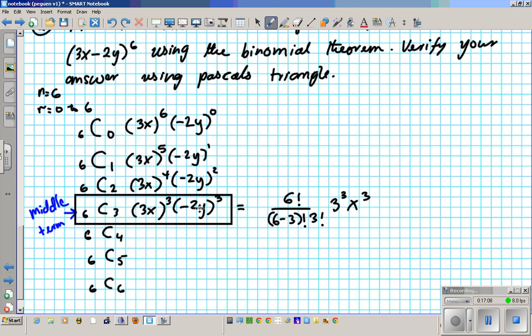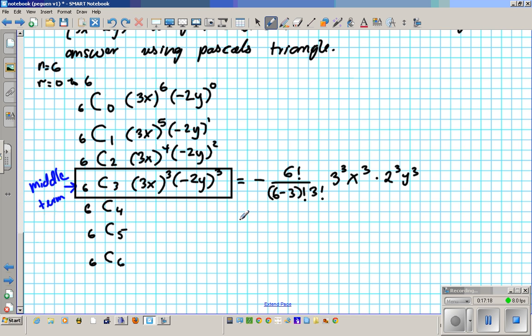And then the minus is being raised to an odd power, so the minus is going to come out, times 2 to the third, y to the third. Okay? Let's finish that up. So it's going to become negative 6 factorial over 3 factorial, 3 factorial, times 3 to the third is 27, times 2 to the third is 8, times x to the third, y to the third.